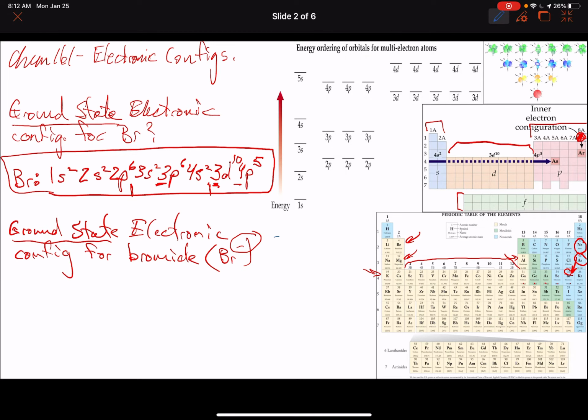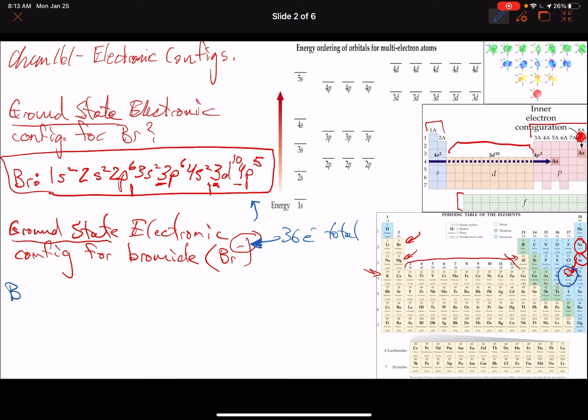Okay, so the trick here is to recognize that we have an imbalance between the number of protons and electrons here, so we have to have more electrons than protons to have a charge written up here in the superscript to the right of the element symbol. So we have to have one extra electron relative to the neutral bromine. So one extra electron means 36 electrons total, rather than the 35 that we see in the periodic table, which would speak to the neutral bromine, but we've got to go to the bromide, so we've got to create the ion.